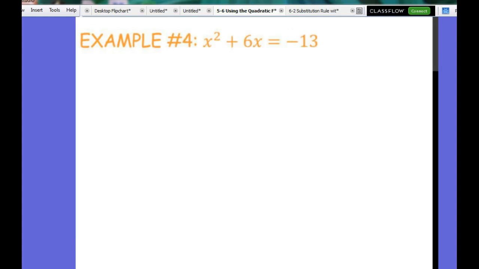Last example. Find your discriminant. So we get 36 minus 52, or a negative 16. A negative tells me what?